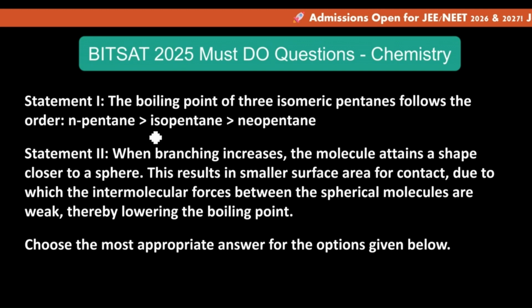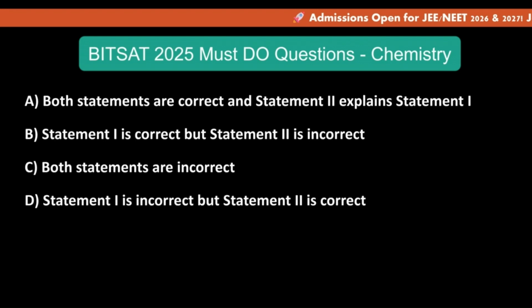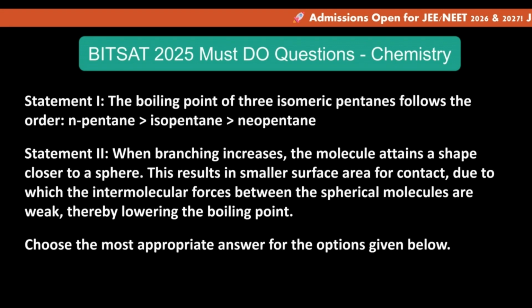This results in a smaller surface area for contact, due to which the intermolecular forces between the spherical molecules are weak, thereby lowering the boiling point. So the option is saying which statement is right and which explains it. Okay, so let's analyze it: n-pentane, isopentane and neopentane.